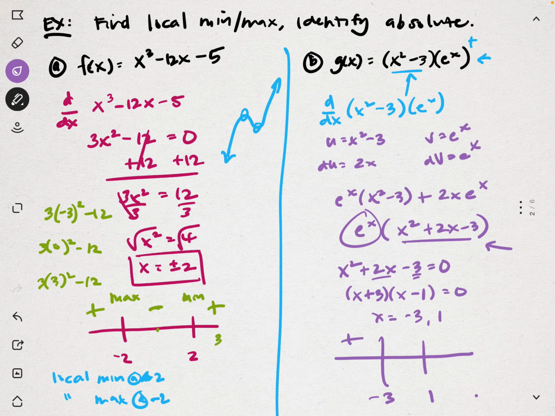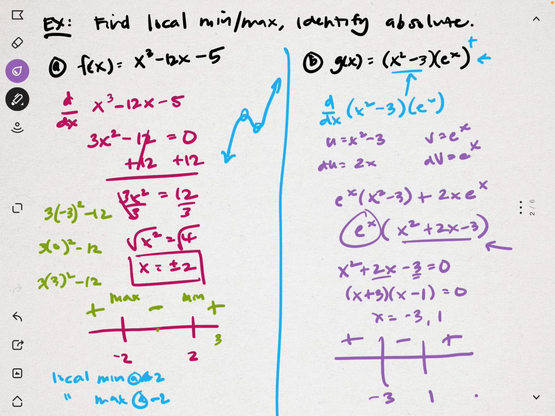So this is going to be a positive in here. In between -3 and 1, let's use a 0 again. That's easiest. 0 plus 0 minus 3 is negative. And then any number bigger than 1, let's do 2. 2 squared is 4. Plus 2 times 2 is 4 again. That's 8 minus 3 is +5.